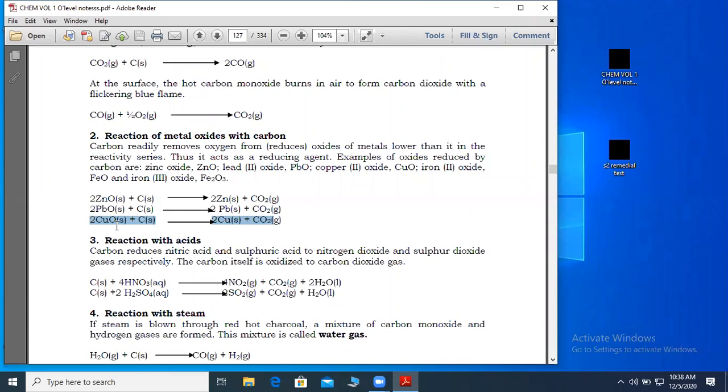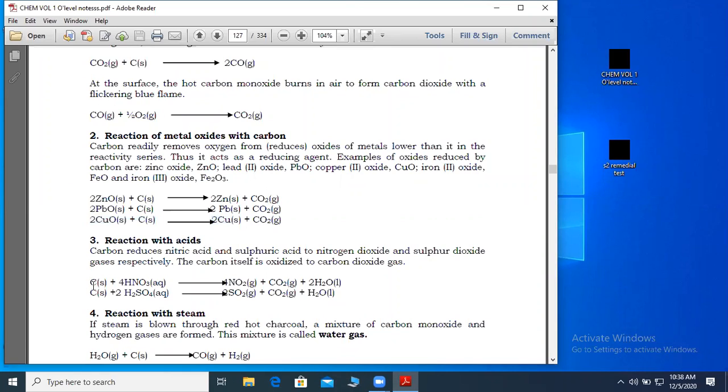Reaction with acids: carbon reduces nitric acid and sulfuric acid to nitrogen dioxide and sulfur dioxide gases respectively, and the equations are here. They stand as they are.